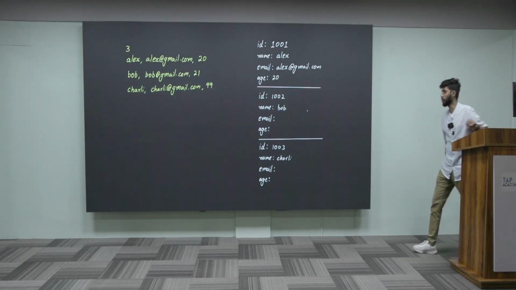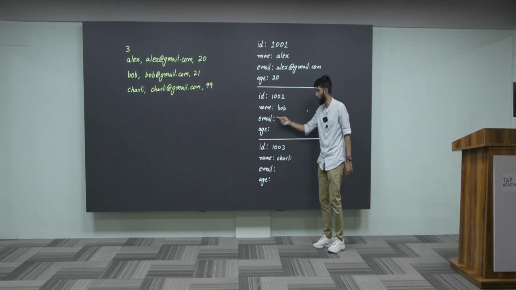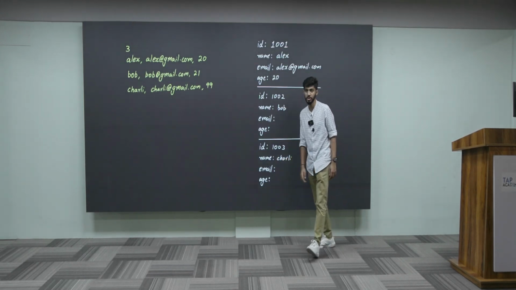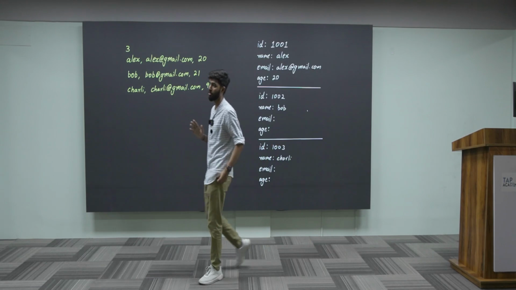So like this I want to print all the details. I mean over here Bob at gmail.com and Bob's age, Charlie at gmail.com, Charlie's age. This is the expected output.